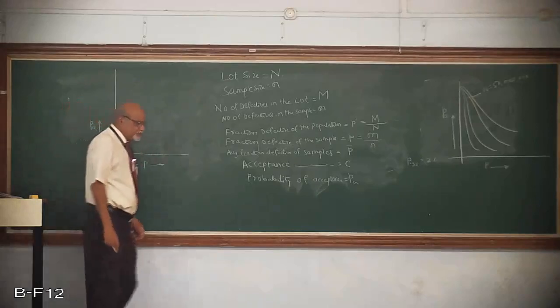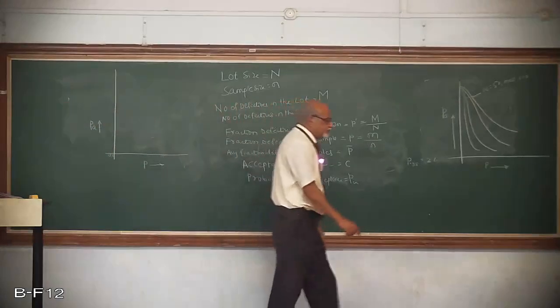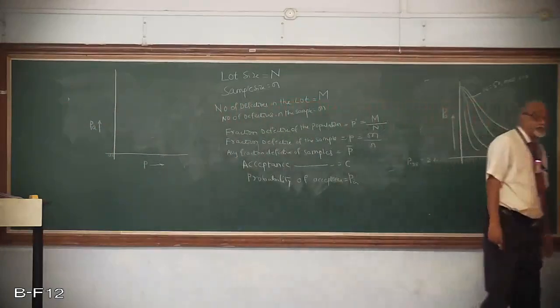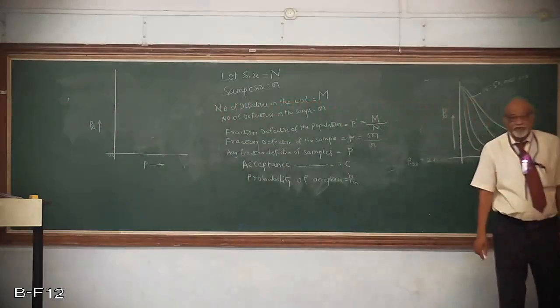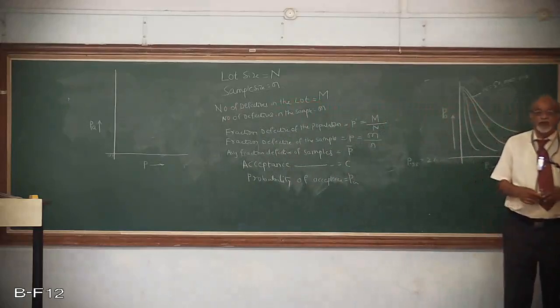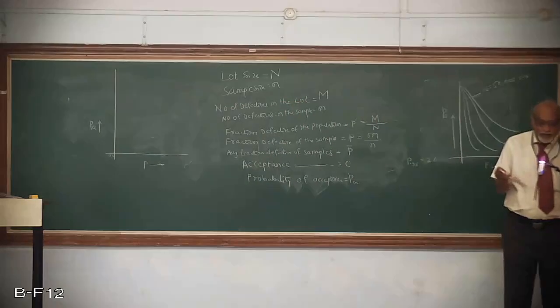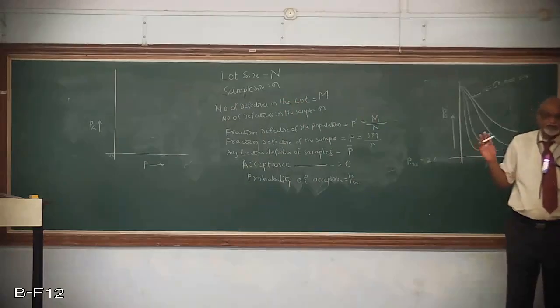Now just think, probability of acceptance. It varies from which value to which value? What is the scale for probability? We know that it will vary from 0 to 1. It will never exceed 1.